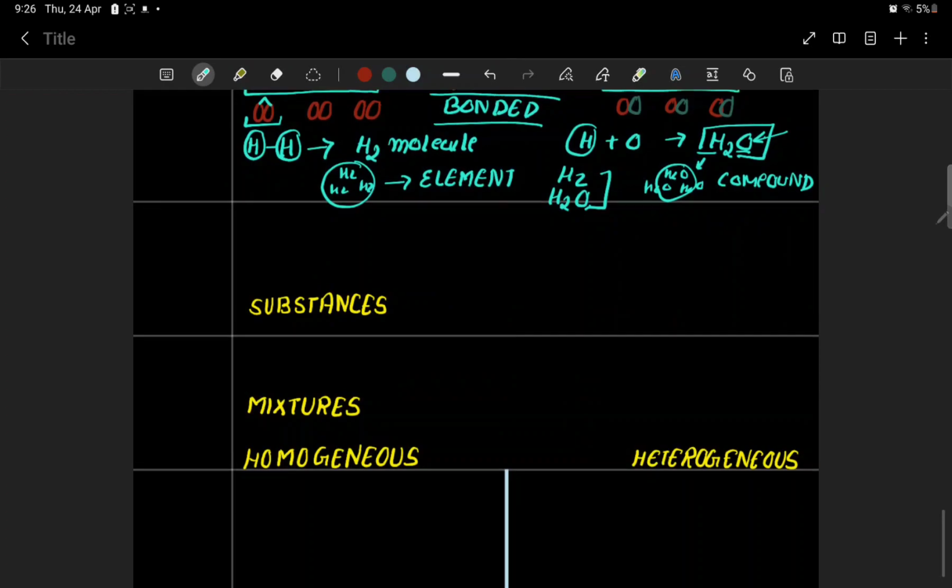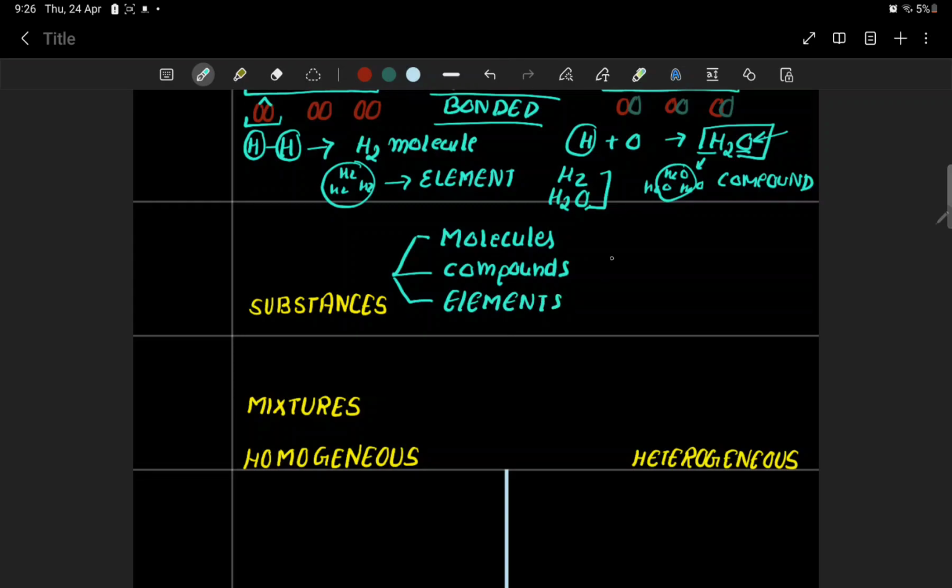Now moving on to mixtures. Substances can be molecules, compounds, elements, they all have a fixed composition.